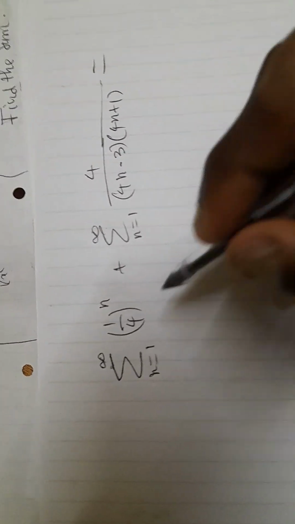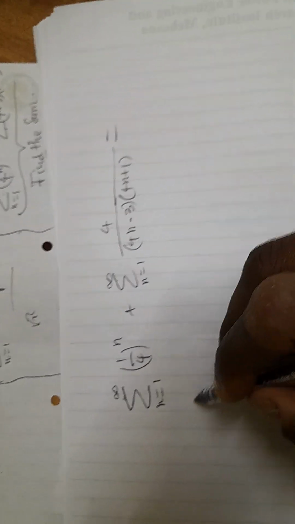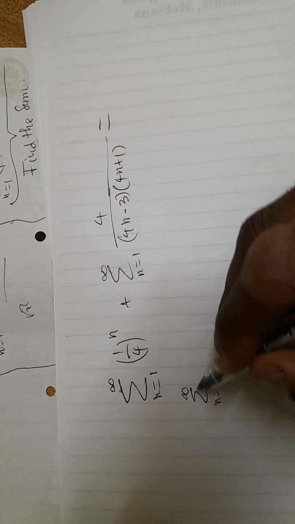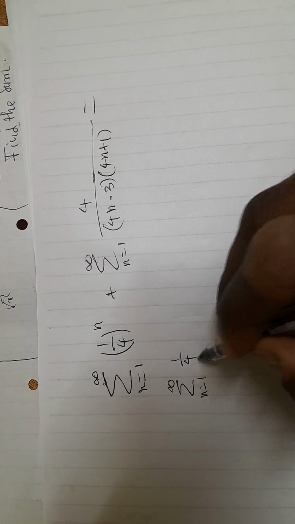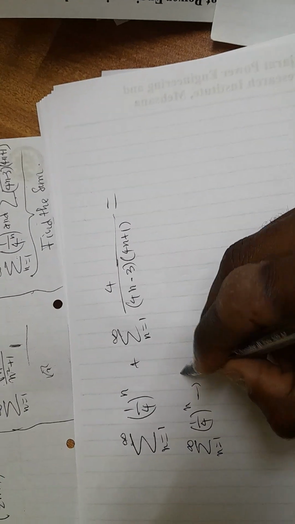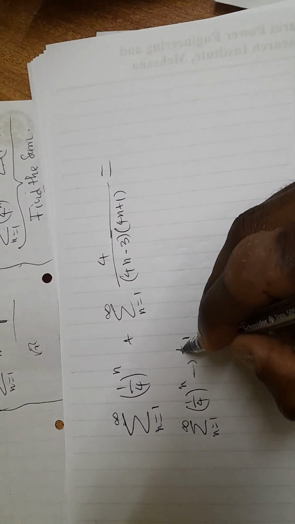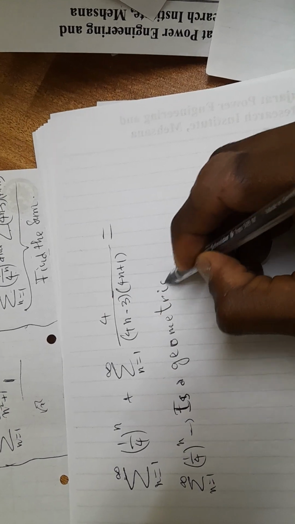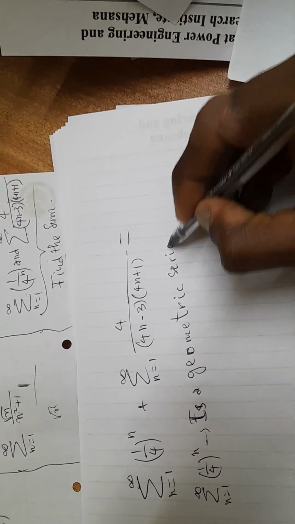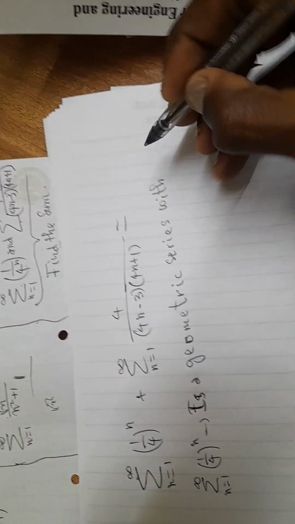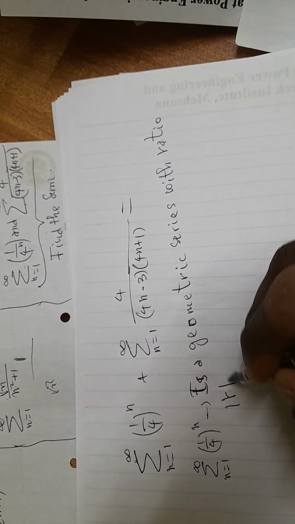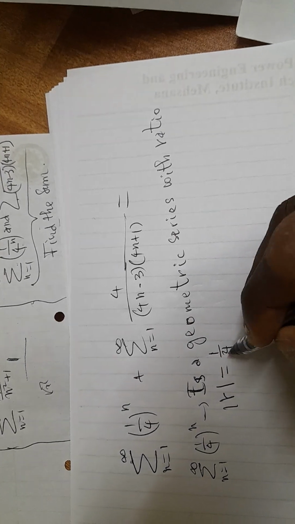So the first thing you have to understand is that this one is the sum of this one. This is a 1 upon this one. This is a geometric series with ratio. What is the ratio? Ratio R is equal to 1/4.